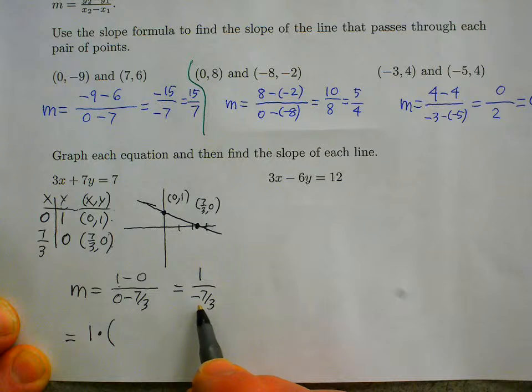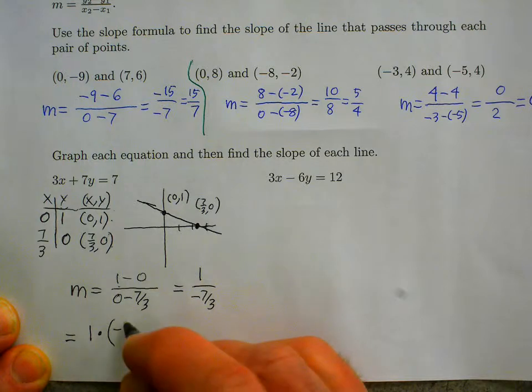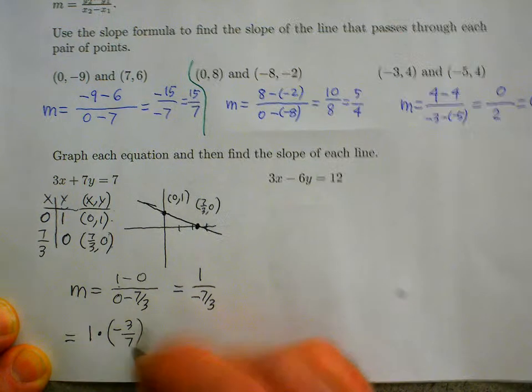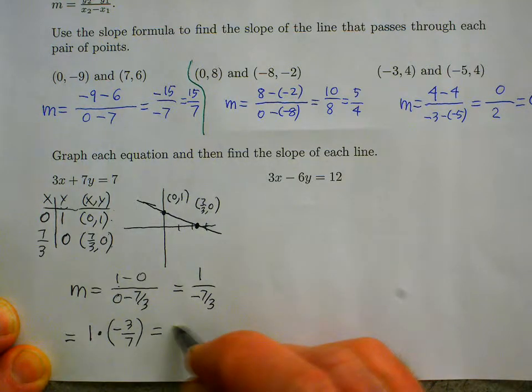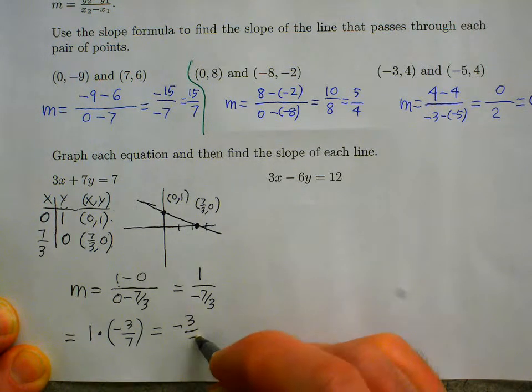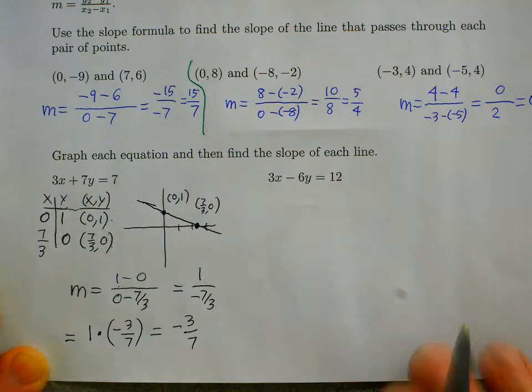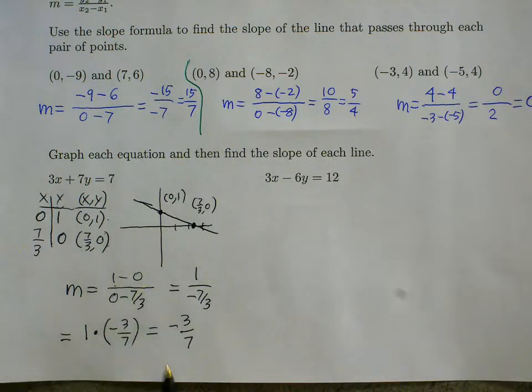The reciprocal of negative 7/3 is negative 3/7. And 1 times negative 3/7 is negative 3/7. So the slope of this line is negative 3/7.